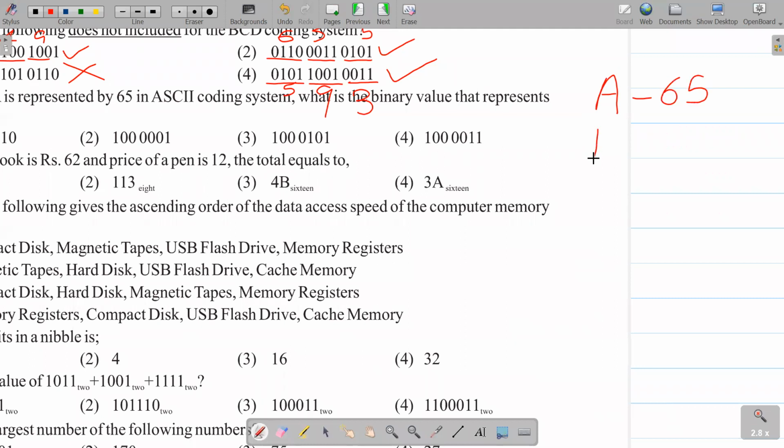So very easily, we can determine the values for B and C. B is going to be 66, C is going to be 67, because they come in an order. For capital letters, it has one particular order. For small letters, it has another particular order.